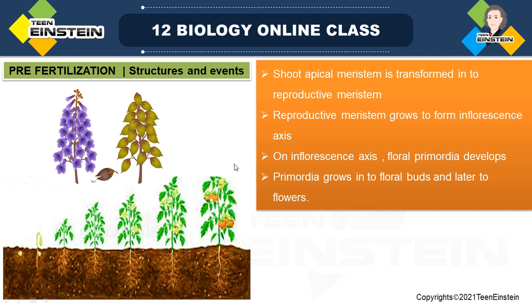That reproductive meristem grows to form the inflorescence axis, and on that axis, floral primordia will develop, and these grow into floral buds, and later it will form flowers.